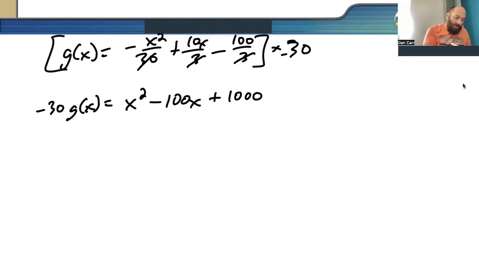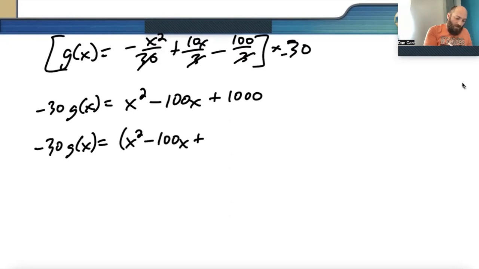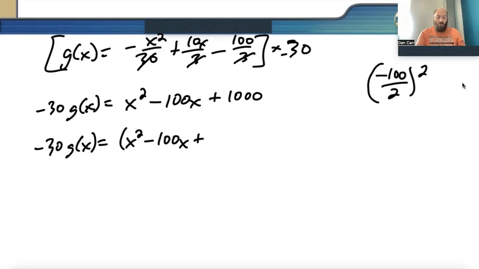Now it's set up for completing the square. So just like last time, it's a little bit easier because I can do x squared minus 100x plus, go ahead and do that, negative 100 divided by 2 and squaring it. Negative 100 divided by 2 is negative 50. And then negative 50 squared is going to give me 2,500.